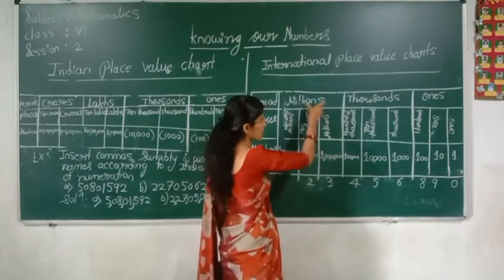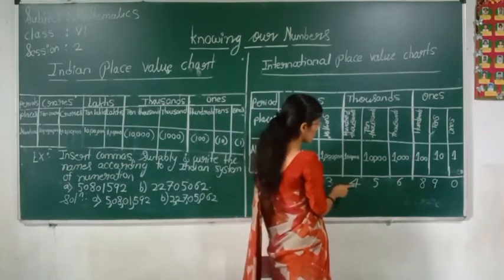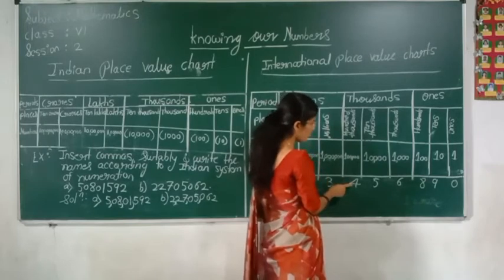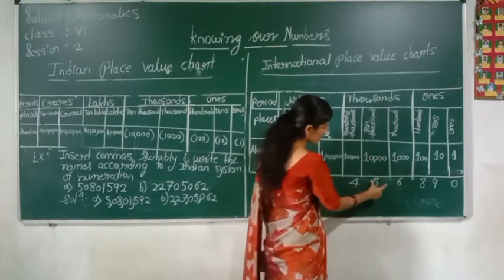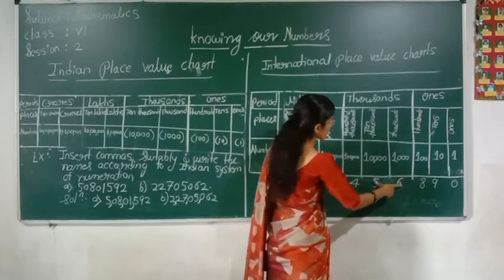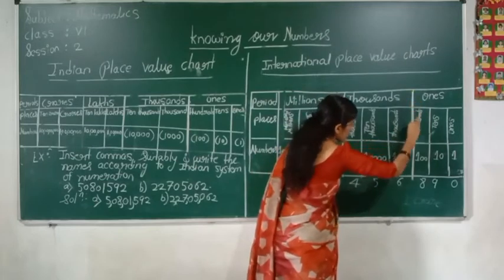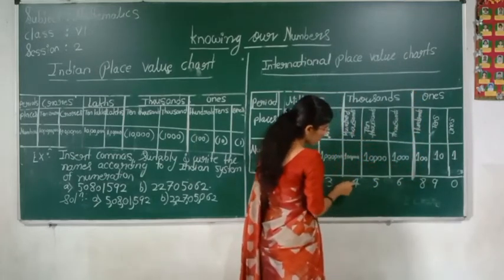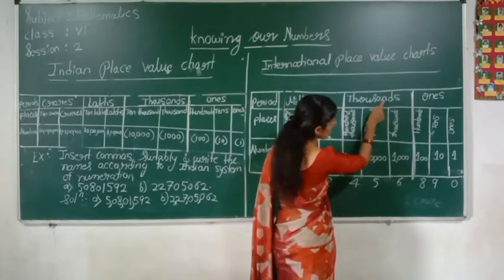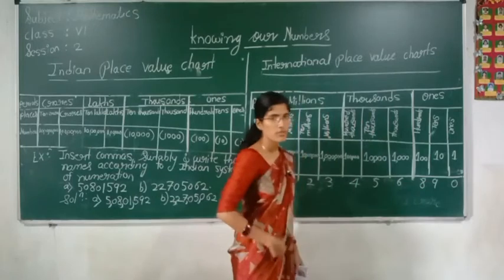You have to take the name of the period. 23 millions, 456 thousands, and the period ends here as the family. 456,890. This is how we read it.